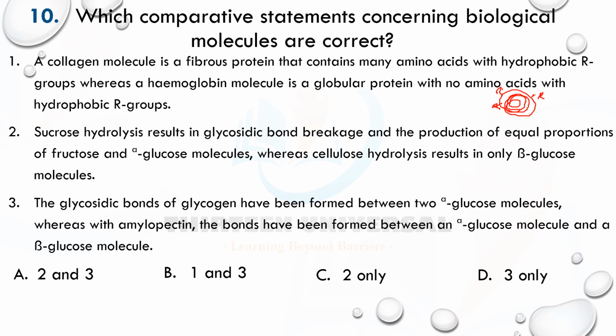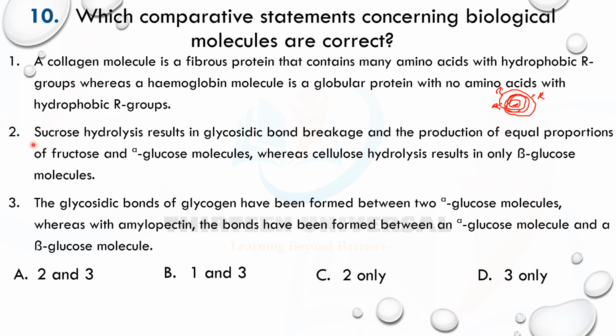So it has hydrophobic amino acids because they are the ones that have hydrophobic R groups, to give it a balance. Okay, so it doesn't have only hydrophilic. So the statement that hemoglobin has no hydrophobic amino acid is wrong. So this is disqualified, eliminated.